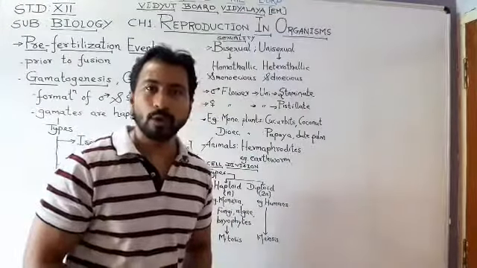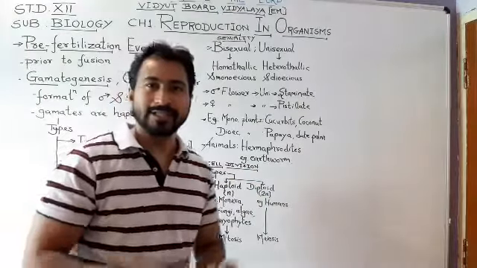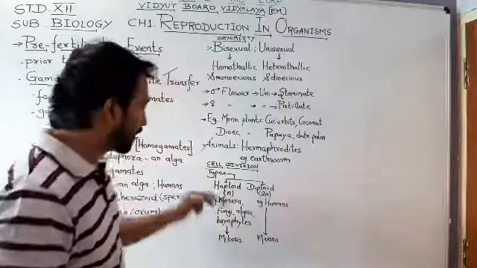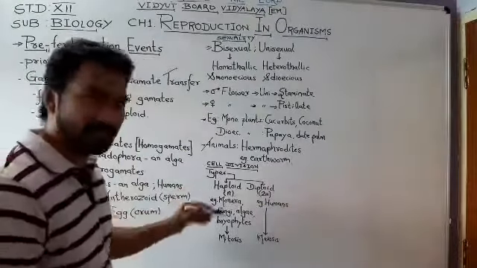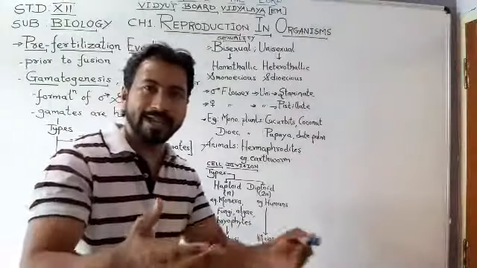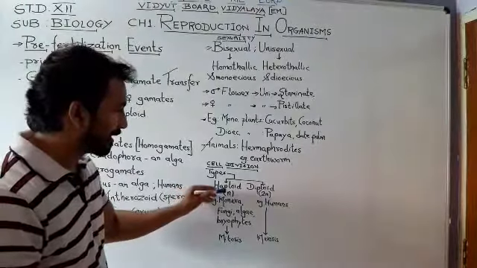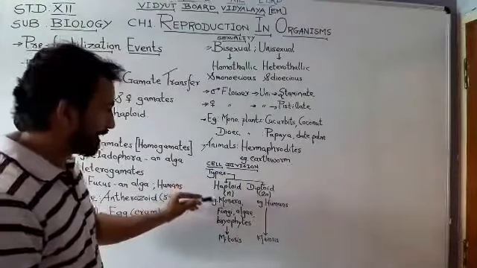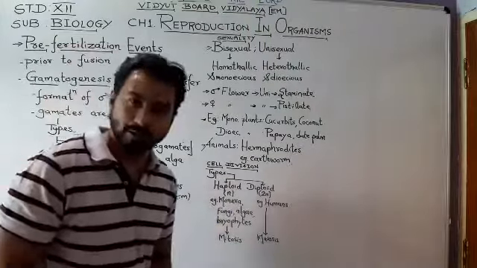Now how do the gametes undergo cell division? Well, there are two basic types that we have discussed, that is the haploid and the diploid. Haploid is generally N type and the diploid is generally 2N type. The examples of the haploid are Monera, fungi, algae and the bryophytes.